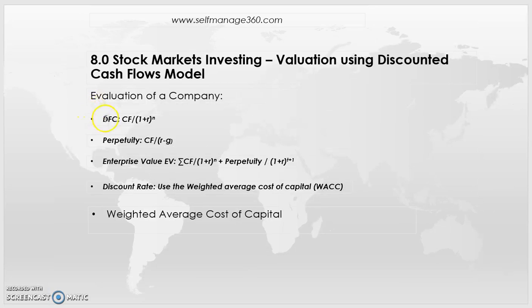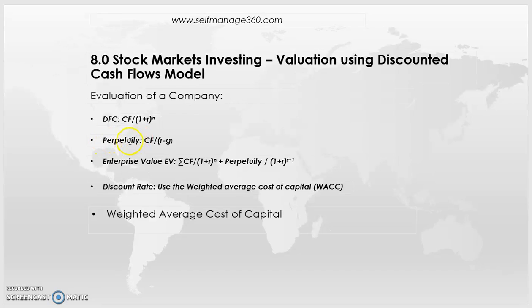So basically, the evaluation of a company is the sum of the discounted free cash flow. So each cash flow is brought back to its current value, present value, by dividing it by 1 plus a discount rate. N is the year for which the cash flow has been calculated.